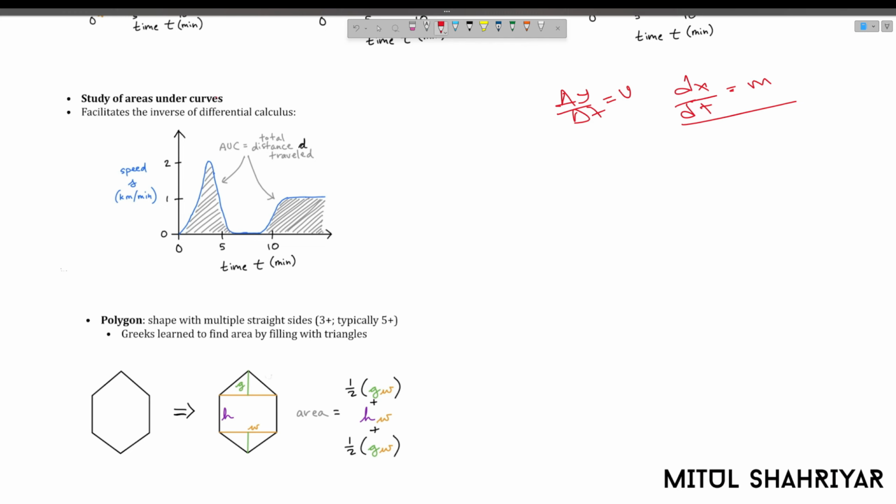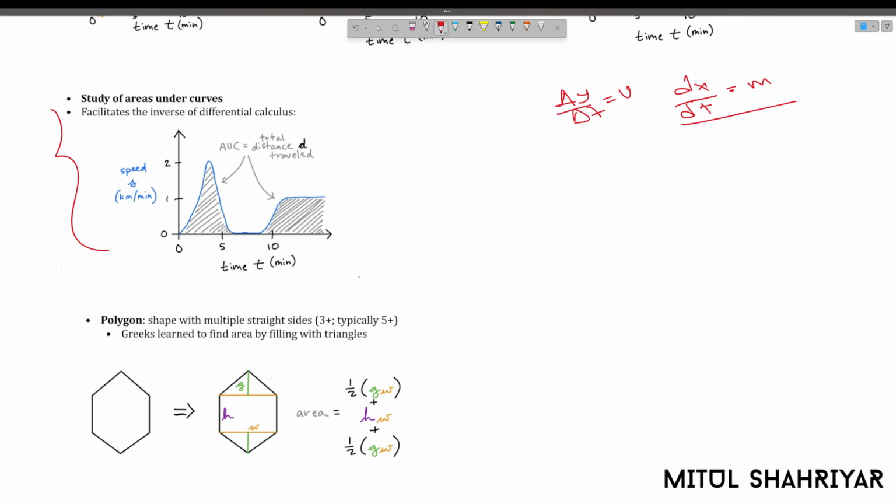And the study of areas, basically we'll learn about this. In general, the study of areas under curves is related to integration. So if we have this graph, and if we somehow want to know the area that this curve covers, we'll have to use integration.